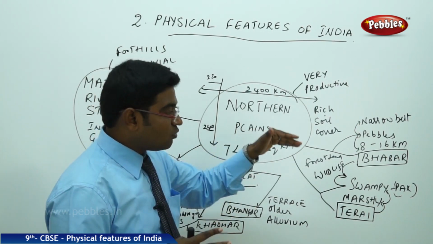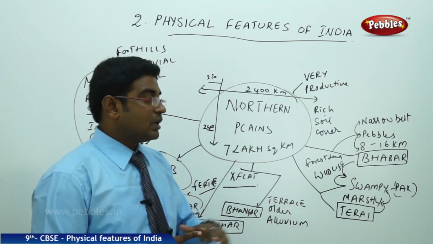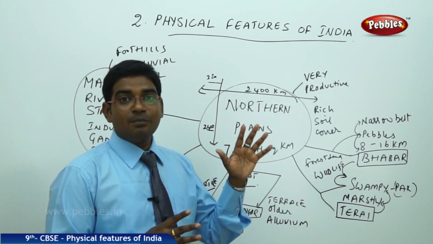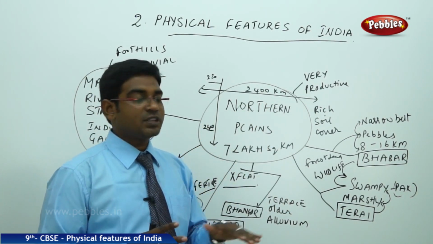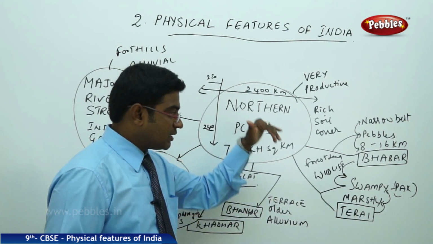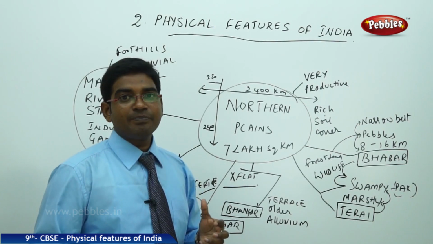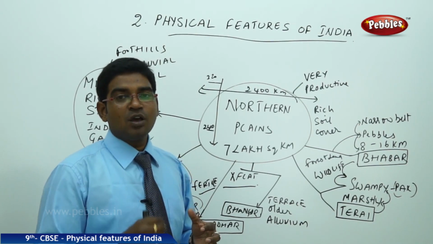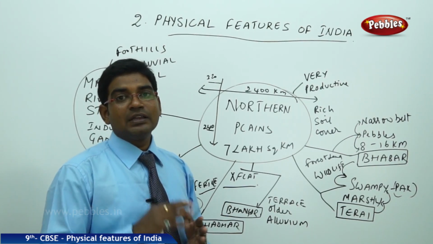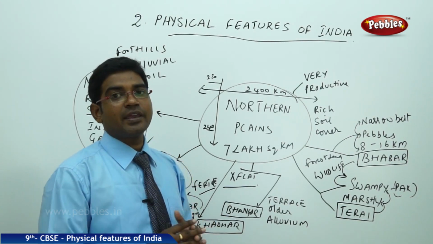Then when we move down past the Babar land, the rivers re-emerge from the pebble stones after they cross this 16 kilometer wide land, and then they create a swampy and marshy track, which is a very rough track of land. That is known as the Terai land.